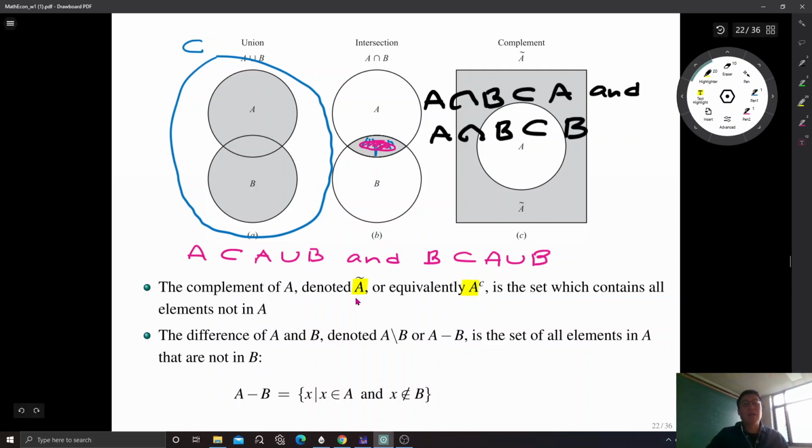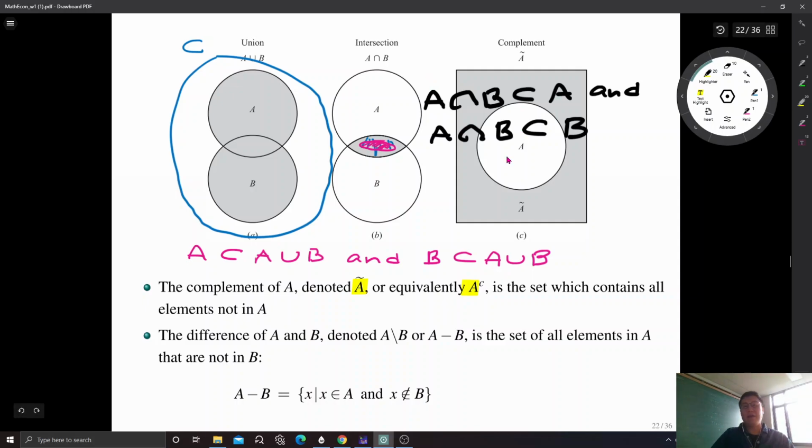So anyway, the complement of set A is the set which contains all elements not in A. In order to define this complement, we have to define the universal set. So imagine that this rectangle represents the universal set, and we are thinking of a subset of this universal set.